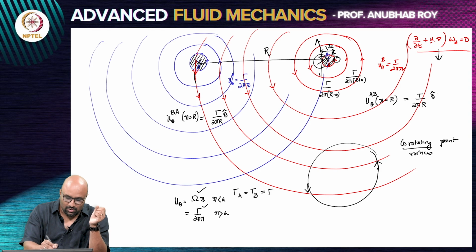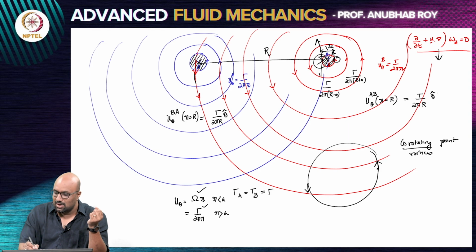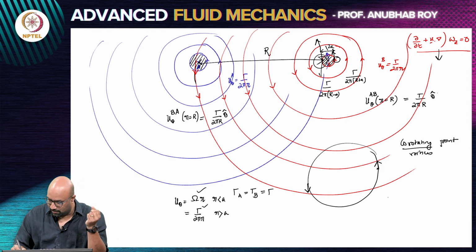For the purpose of getting an understanding, let's imagine that A was a point vortex, and there was a vortex patch at B. So there is a vortex patch here at B and there is a point vortex here at A. At B, you are going to experience a slightly larger velocity on the left side of the vortex than the right side, because the left one is closer, the right one is farther away. Which means this thing is going to get deformed.